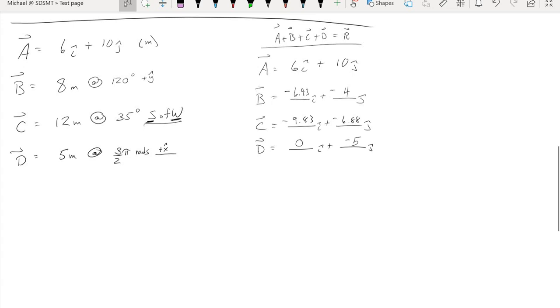But right now we're taking vector A plus vector B plus vector C plus vector D equals vector R. So we'll just go right down the columns here.